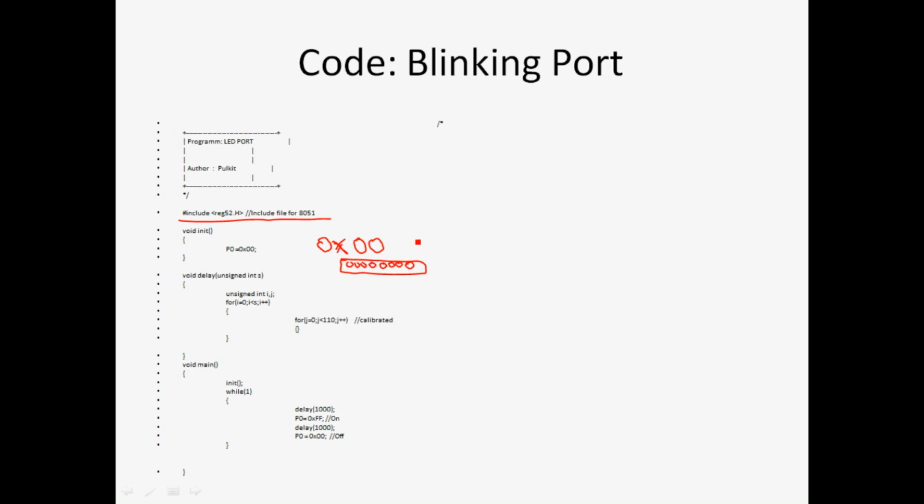By this command I have given ground to all the wires connected to port 0, and hence all LEDs are off. The delay is the same as discussed previously. Now in void main, init is called. As init is called, at this stage I have given ground to all the pins of port 0.